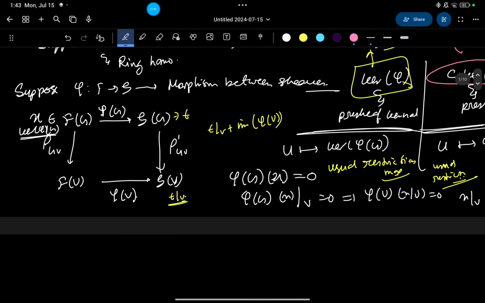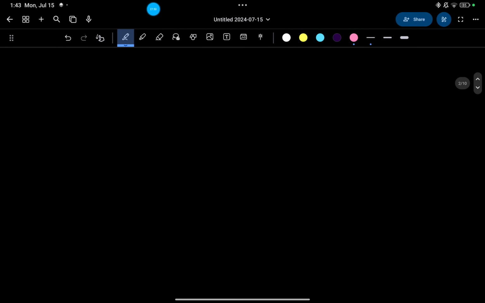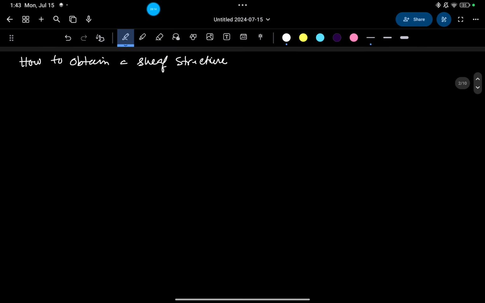We have so far discussed a lot of things, in fact a lot of presheaves that are not sheaves, and I promised you every time that I will define something called sheafification. So now it's very urgent to know how to obtain a sheaf structure from a presheaf.